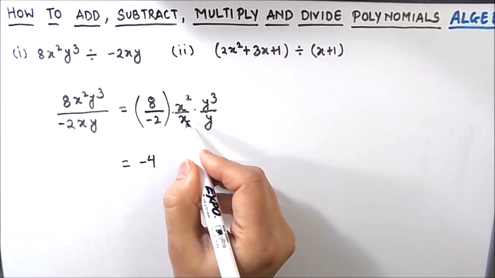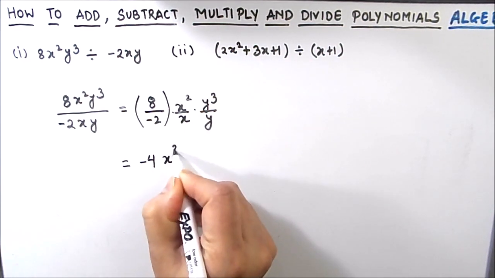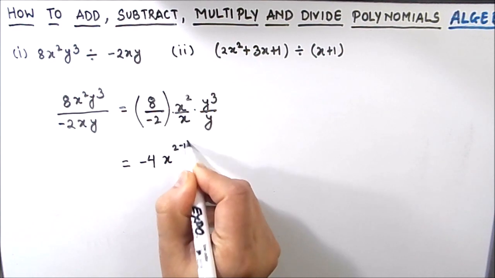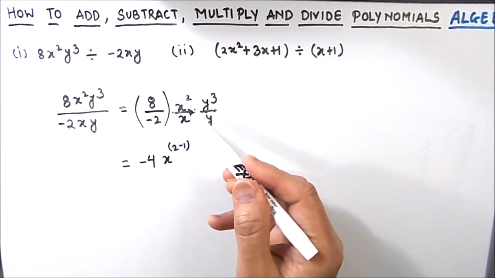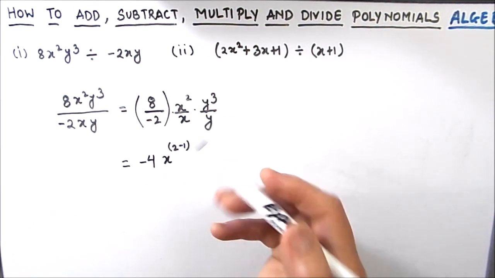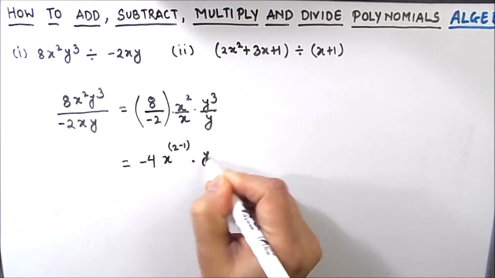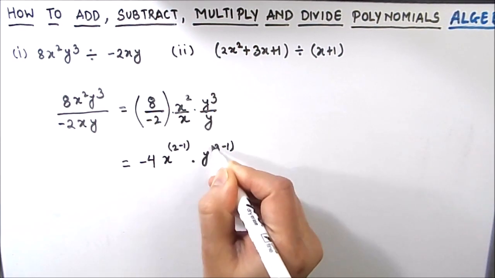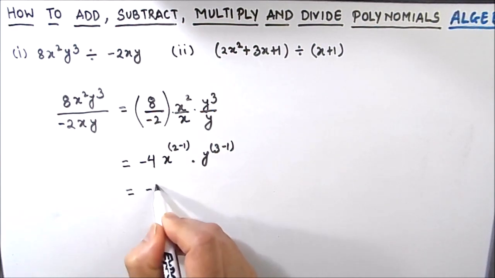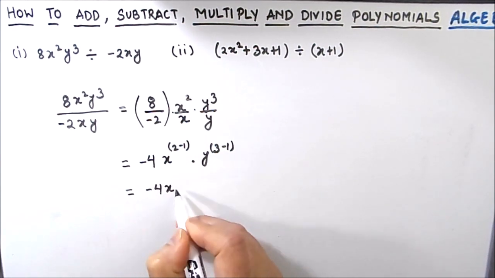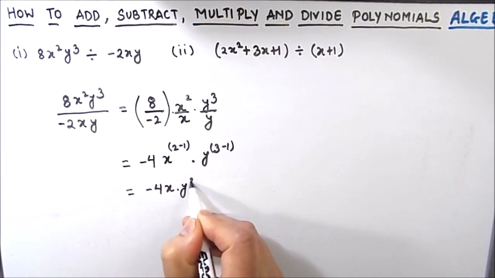X square divided by x will be x to the power 2 minus 1, because when we divide the variables the powers get subtracted, times y to the power 3 minus 1. So this will be negative 4x times y square.